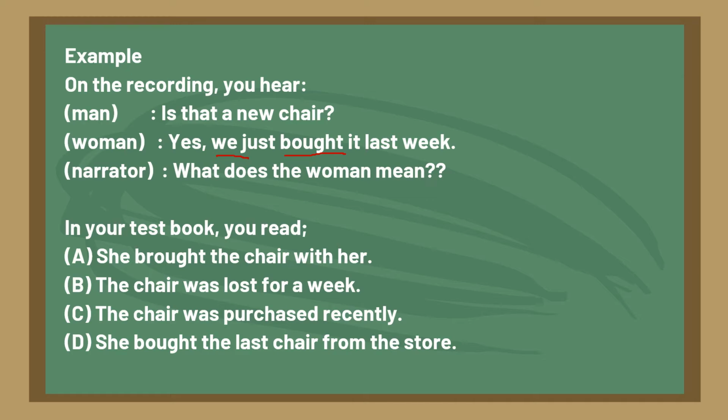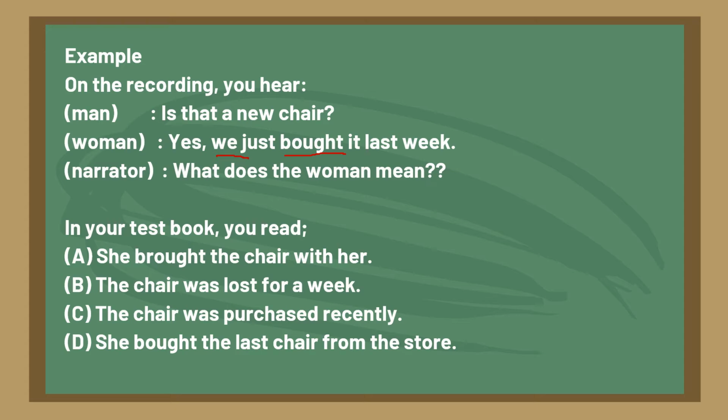Let's go to the choices. Look at here. Is A correct? No. It is an active statement. And how about B? Is it appropriate for the questions? No, it's wrong.